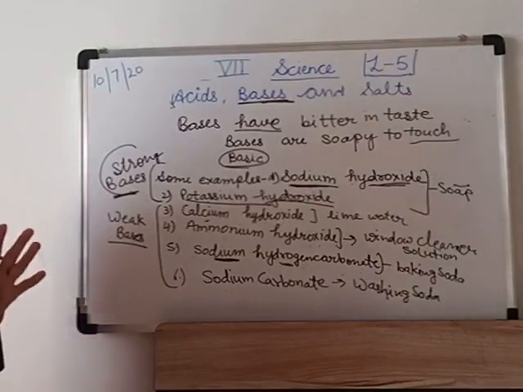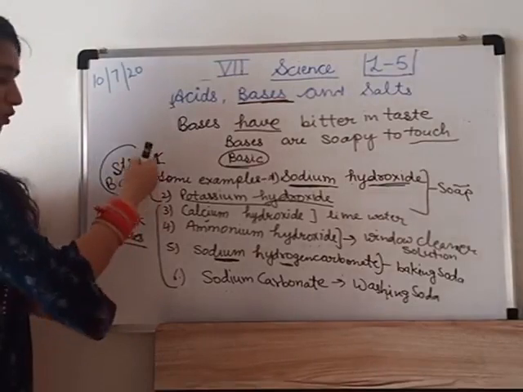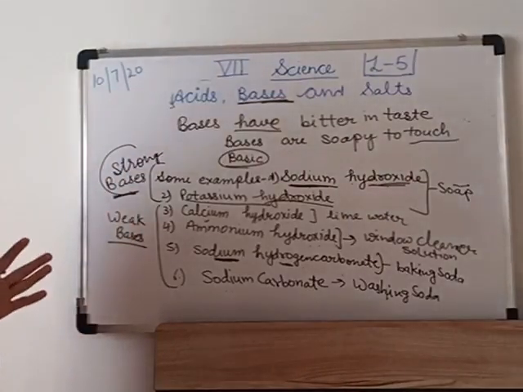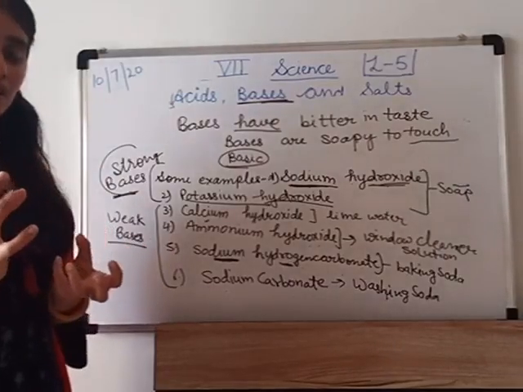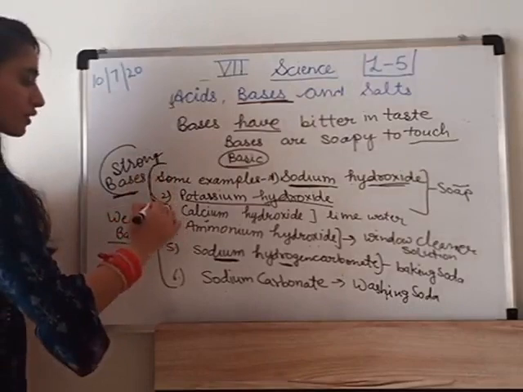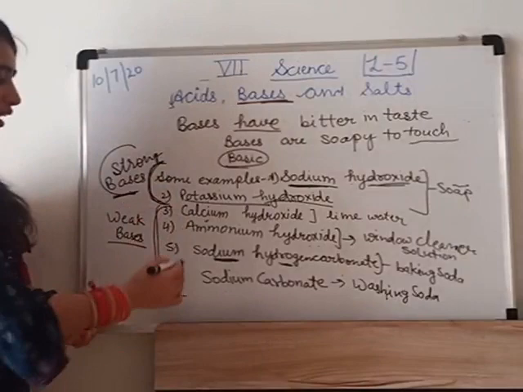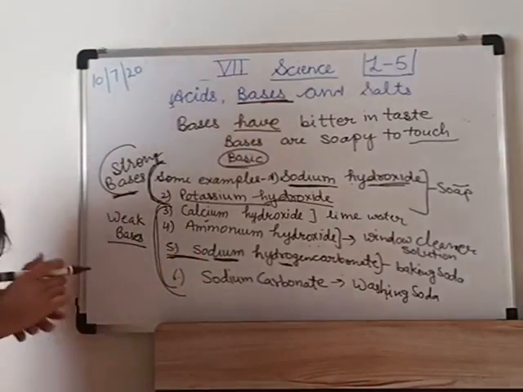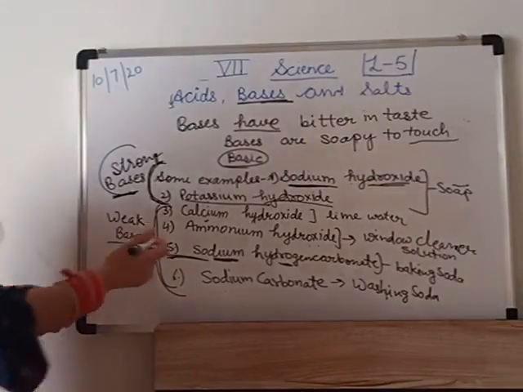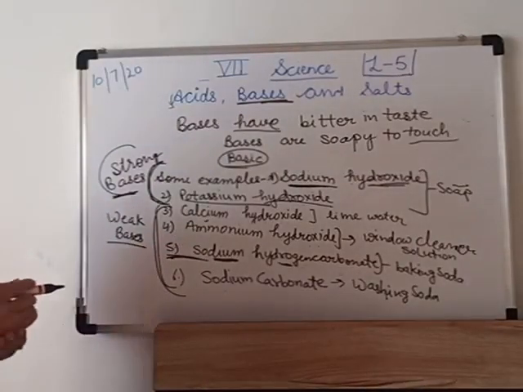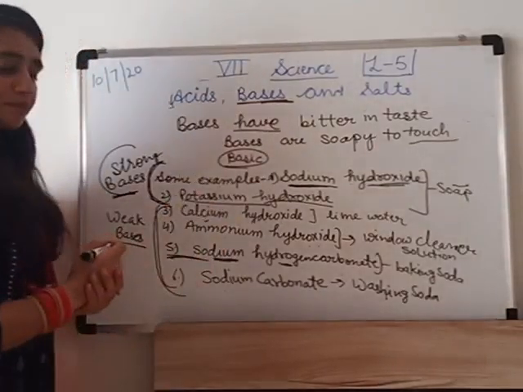Strong bases are very dangerous, and they are also present in caustic soda, and caustic means corrosive, means burning, which is harmful for our skin and can burn our skin. And this is a very weak base which we can eat. This is safe for us, so it is used in cooking as a cooking ingredient also. These are some facts about bases.